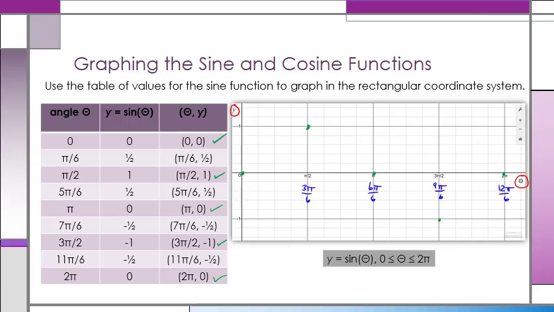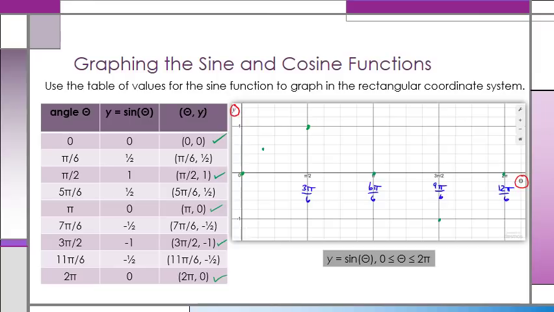Pi over 6 then is going to be between 0 and 3 pi over 6. It's going to be less than halfway. And so I might just estimate that. Let's see, each one of these points on the y-axis looks like it's 0.2, so 0.2, 0.4, 0.5 maybe, around right here.